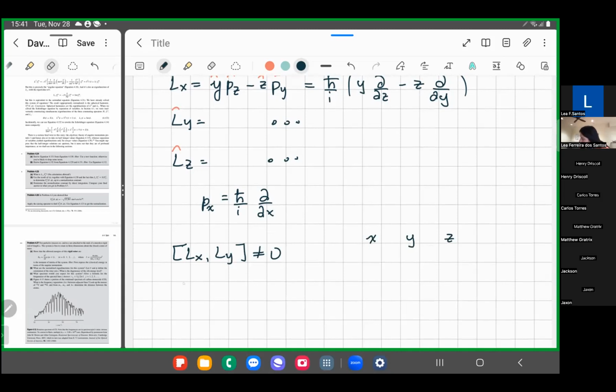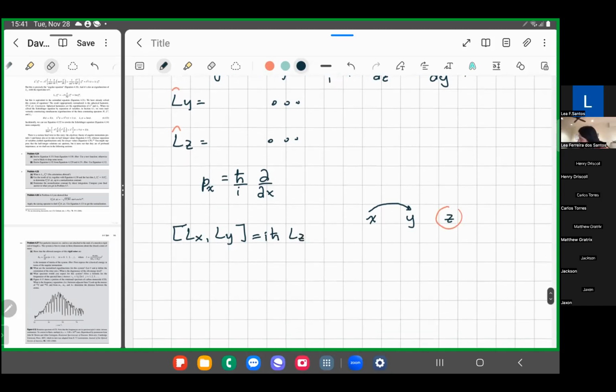The commutator between Lx and Ly will be I, H bar, Lz. But be sure you know how to show that.